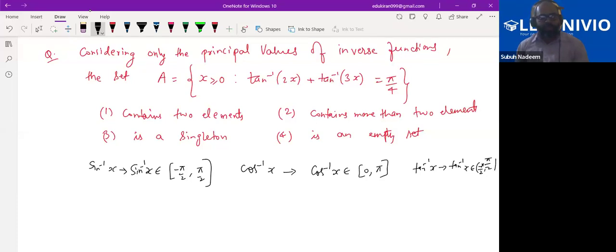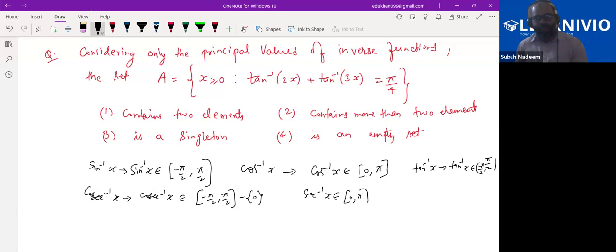Then cosec inverse x, it is minus pi by 2 to pi by 2 except 0 because there it is not defined. Sec inverse x, it is 0 to pi except pi by 2.